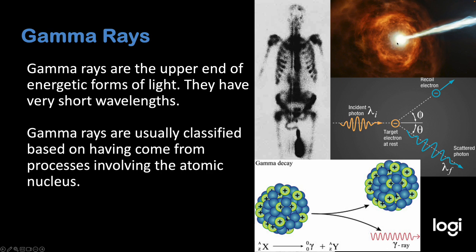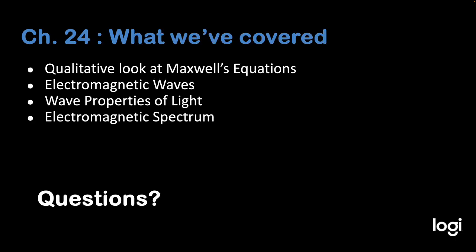They're called gamma ray bursts. And these are some of the most energetic things in the entire universe. So that's a walk through the entire electromagnetic spectrum, and that's all we're going to do for today.